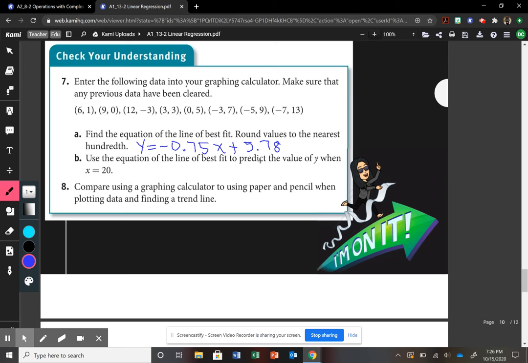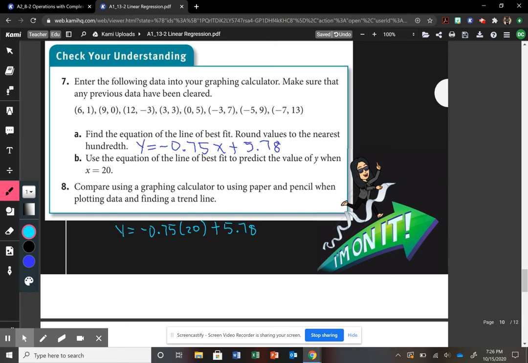So we're going to use this line of best fit to predict the value of y. So I'm going to plug in my term here. So I'm going to say y is equal to negative 0.75 times 20 plus 5.78.